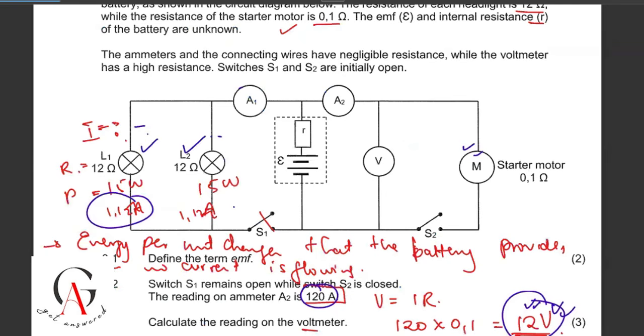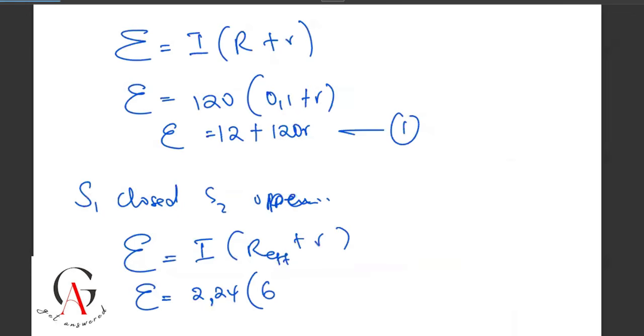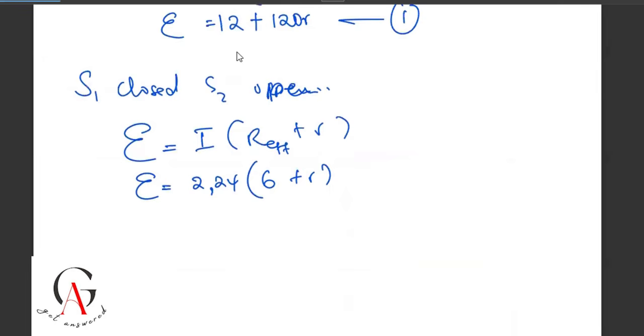Since they are in parallel, we use product over the sum, or you can say 1/12 plus 1/12 and then flip it around. So 144 over 24. Product over the sum. So it's 144 divided by 24, which is 6. Meaning my effective resistance is 6 plus r. This is my equation number 2.